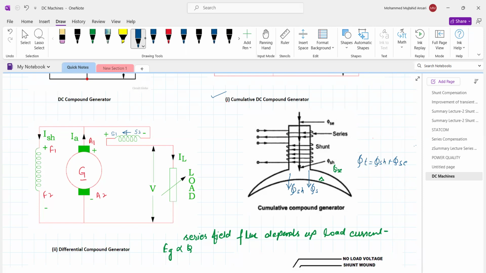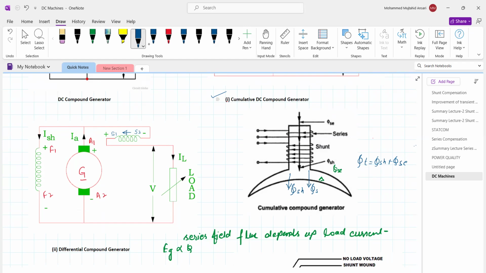It means that for the DC cumulative compound generator, as load increases, the voltage also increases, but the increase in voltage is small, not similar to the DC series generator, because the DC compound generator is dominantly a shunt generator. So it is similar to the shunt generator characteristic, only there is a rise in the voltage, or we can say that there is a good voltage profile for the cumulative compound generator.